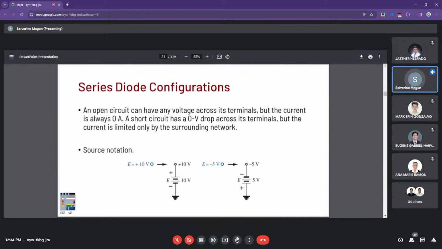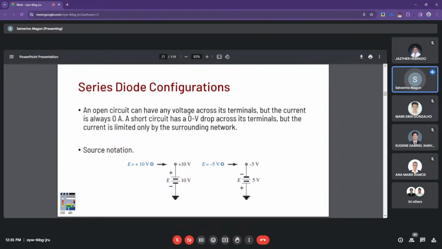Right. And the high voltage across the diode is in an off state.